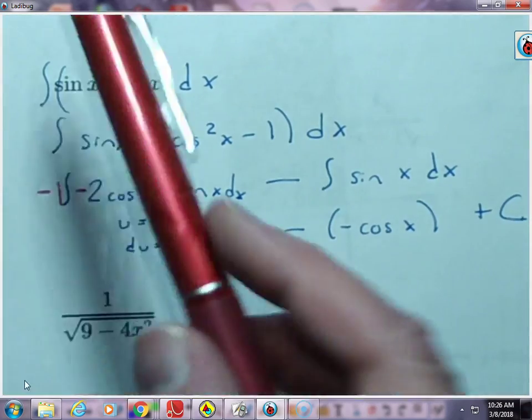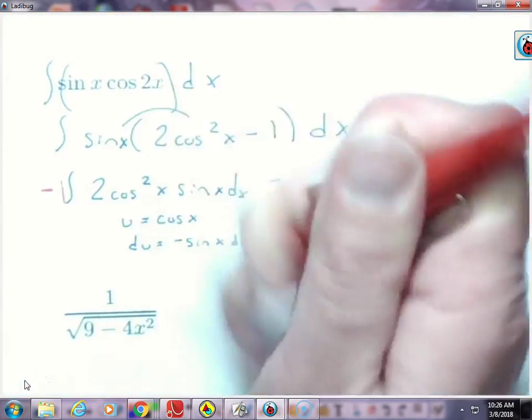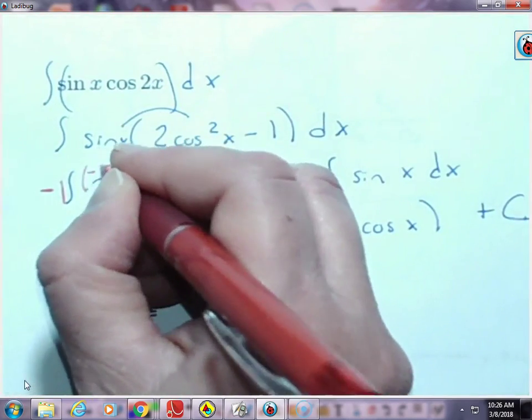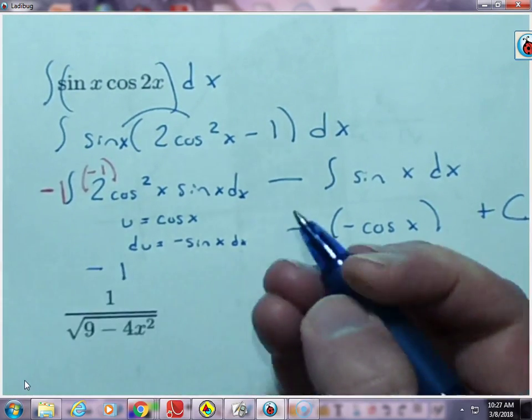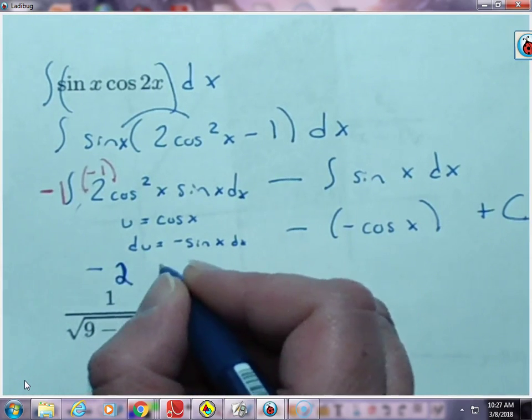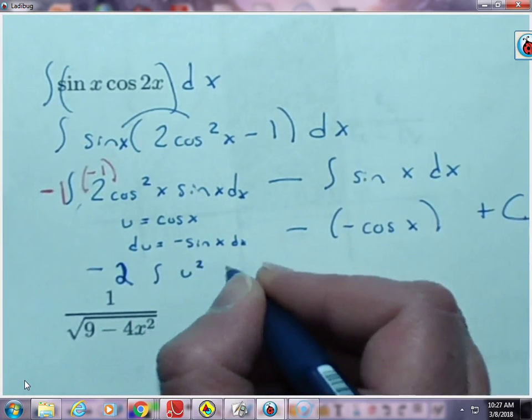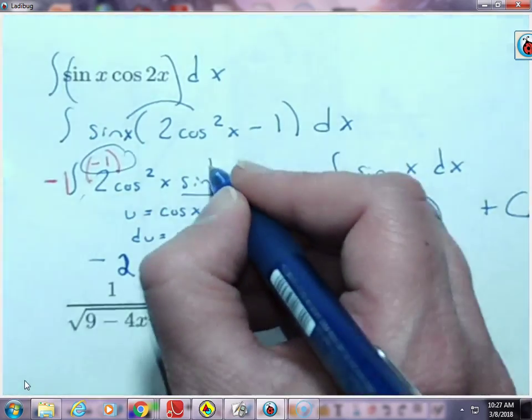Would you rather me write that as -1 times -2? So this would be -1. Do you want to bring the 2 out right now? Yeah. Okay, so -2 times the integral of u squared, and this negative and the sine x, all of that's your du.